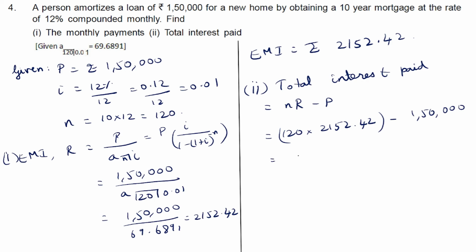So this, when we simplify, 2,58,290.4 minus 1,50,000. When we subtract, we get 1,08,290.4 rupees. So this much is the total interest paid.